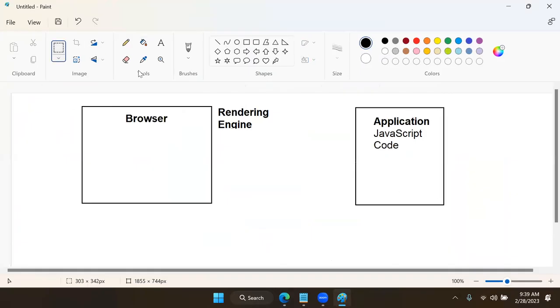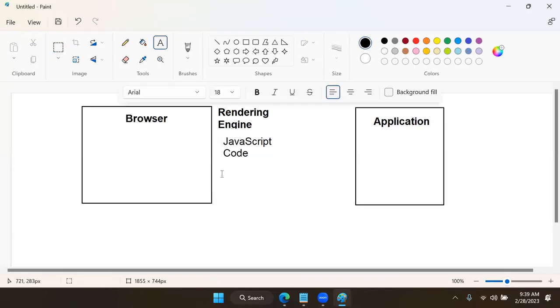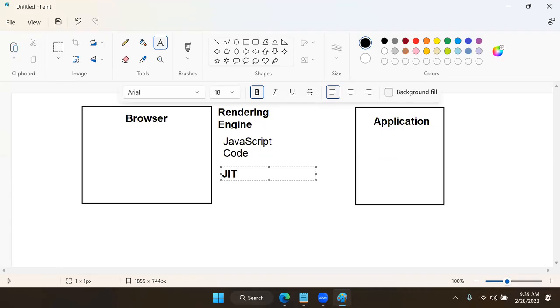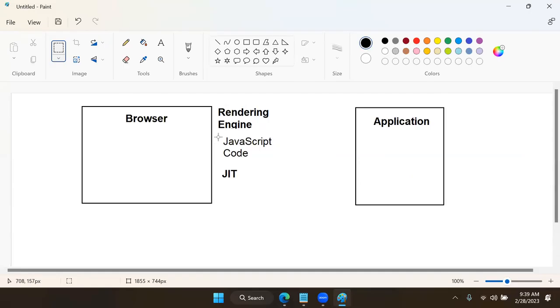Generally, this JavaScript code is loaded into the browser and it is compiled in the browser. That means you write JavaScript code in your application, and this code will load into the browser and compile in the browser. This mechanism is called JIT, just in time. Just-in-time compiling is a technique where the JavaScript code is loaded into the browser and compiled in the browser.